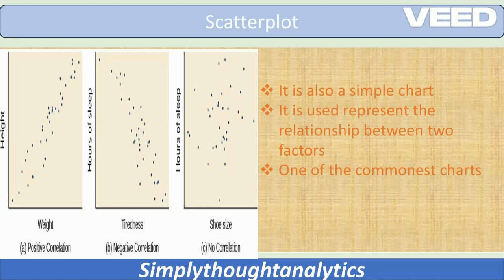Another one we want to look at is what we call scatter plot. It's a simple chart, but it helps us to represent the relationship between two factors, and it's also a common chart. So, for example, if you have a company and you want to know whether increasing the number of customers increases the sales, we are going to put the number of customers on one side and the amount of sales on the other side.